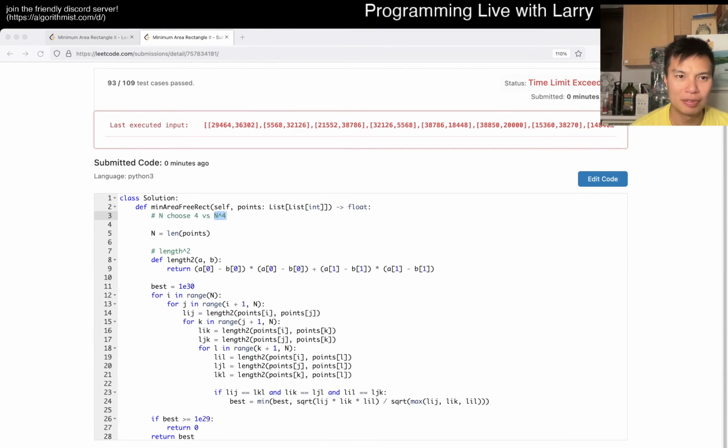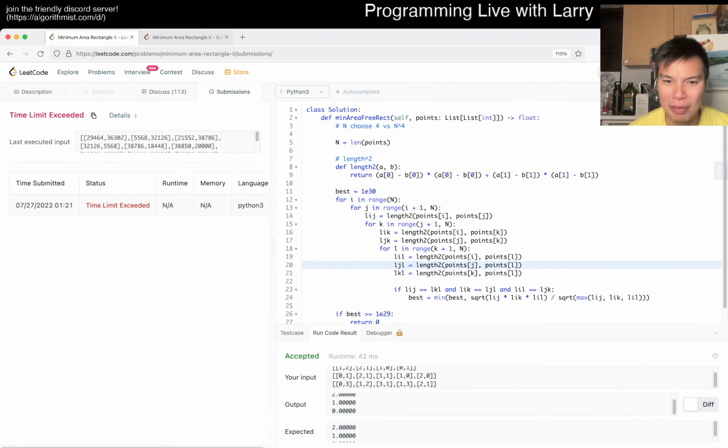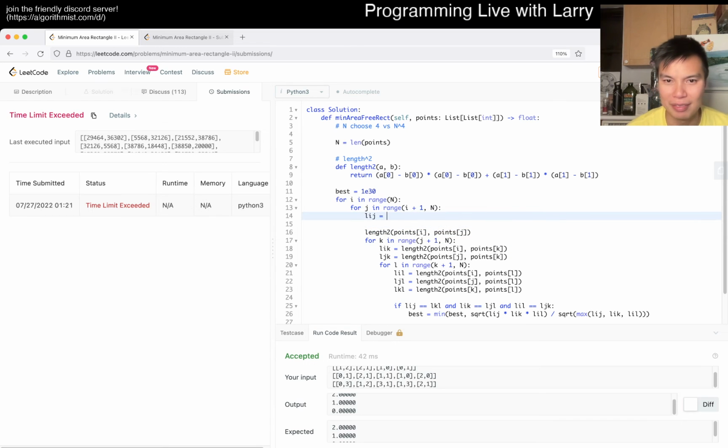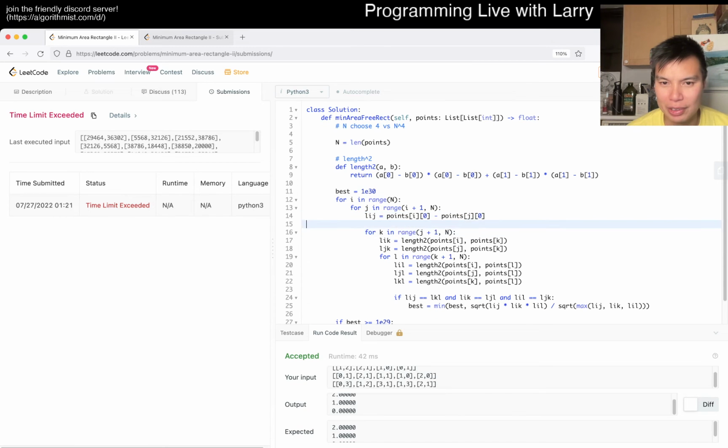Okay, so 50 choose 4 is only 230,000, but maybe we do a lot of cases. But this is what I was worried about with having these functions. But this is just tedious, right? So okay, but let's fine. I hate this. I'll try to do this first before I convert it to C++ or something.